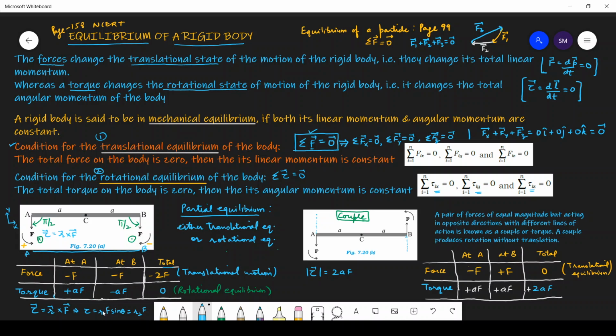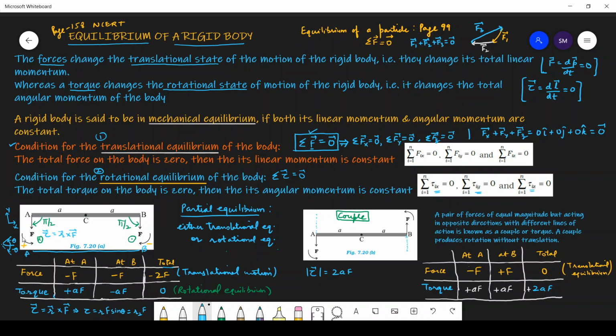Now what about the direction? This is the magnitude rF. What about the direction? Like angle theta, if it is moving in the anti-clockwise direction, I take theta as positive, and in the clockwise direction I take theta as negative.